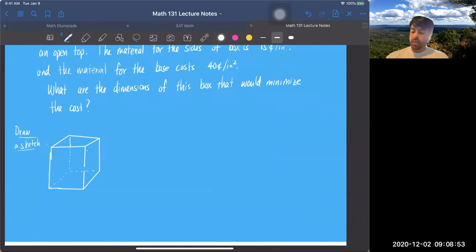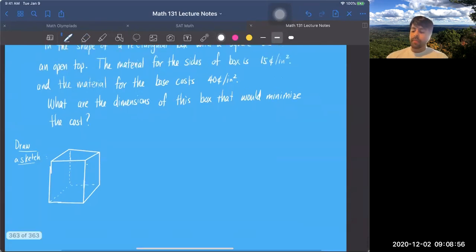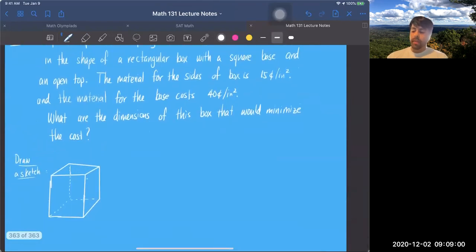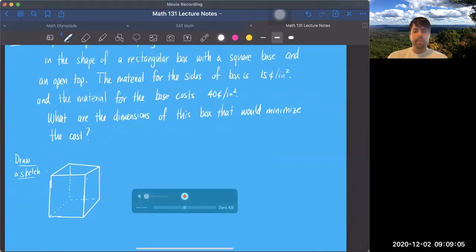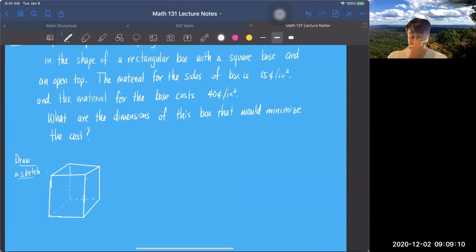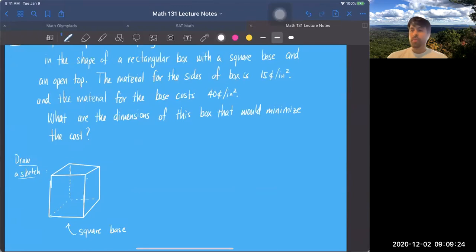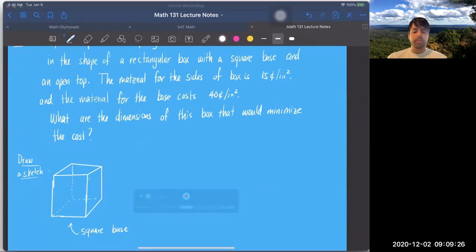And what do we know? We have a square base, right? Do we know what the size of the square is? No, we don't. So what do you think we're going to say? Substitute it for a variable. Yeah. So what kind of variable should we make every side of the square base equal to?